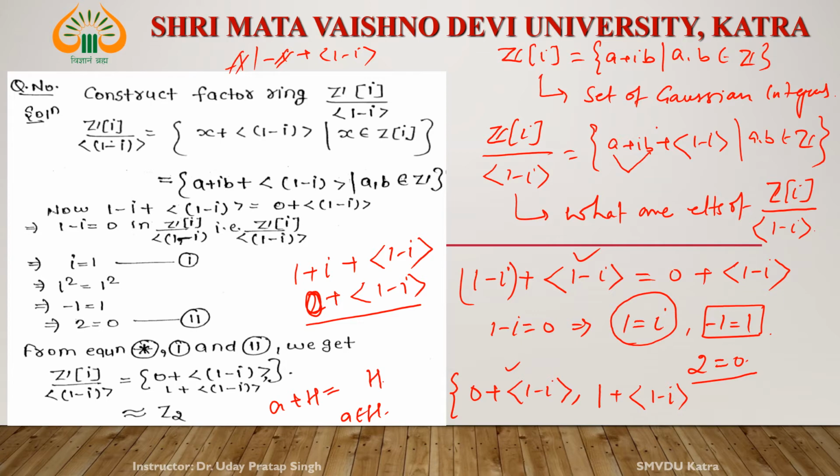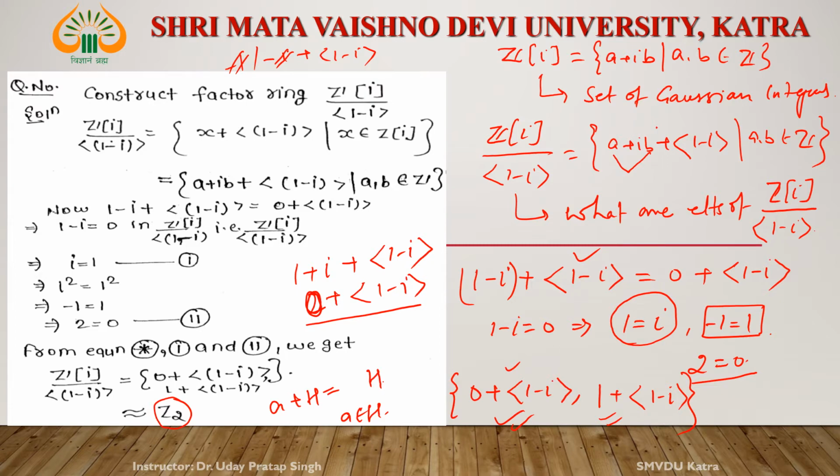Minus 1 is 1. So we already wrote 1 plus the ideal (1 minus i). The other elements are either this one or this one, so this contains only two elements. So Z[i] by (1 minus i) is equivalent to Z2.